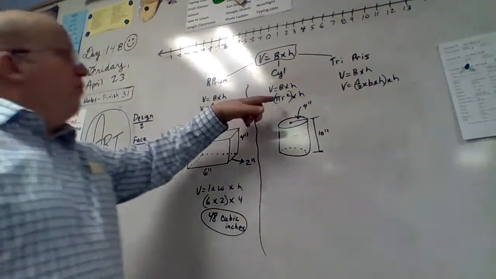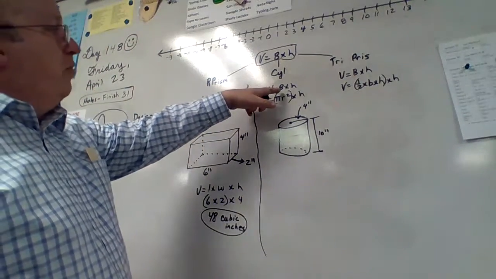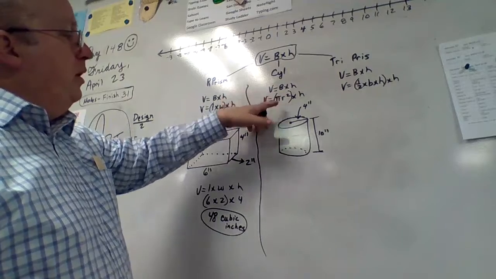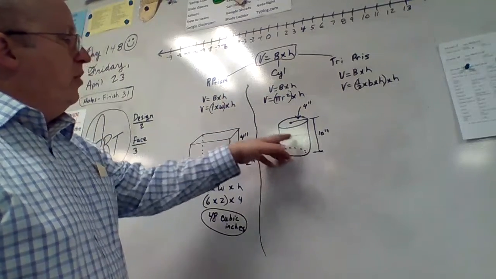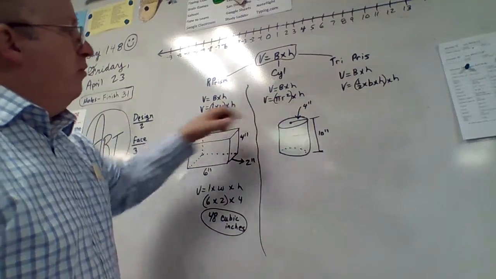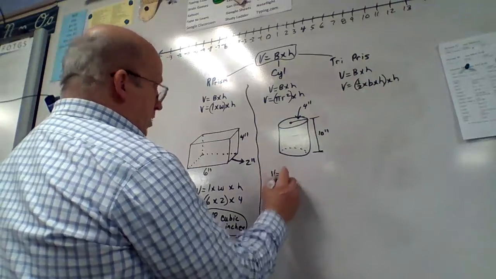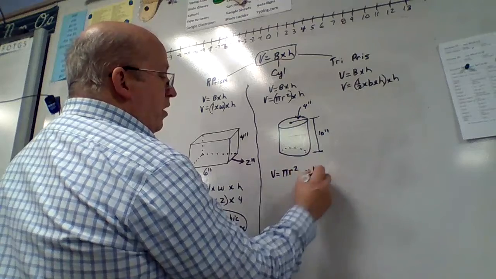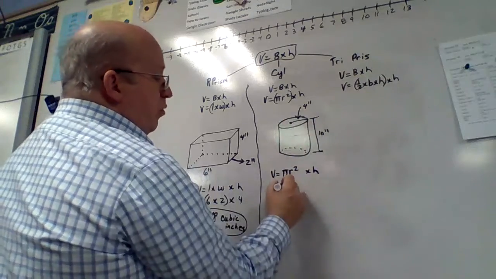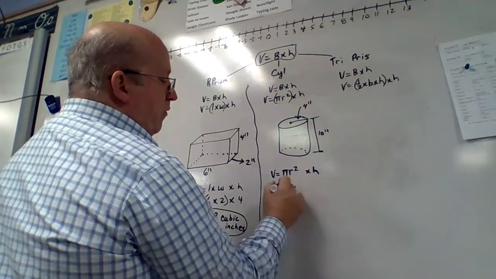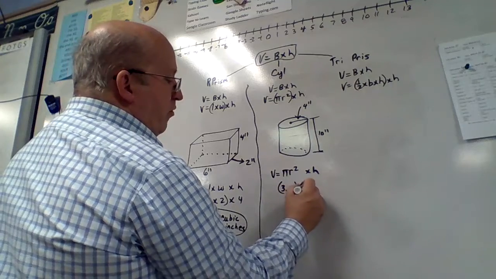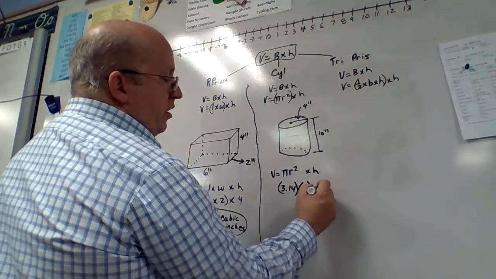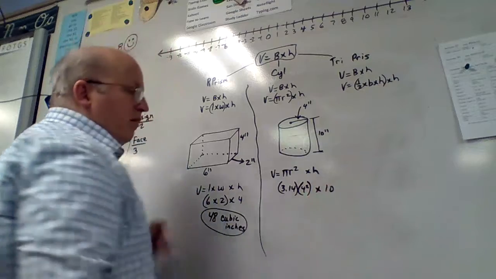Well, let's use the formula. Volume equals capital B times H. Capital B is the area of this circle down here. Area is pi r squared, so that would be volume equals pi r squared times the height, and our radius is 4, so we would be 3.14 times 4 squared, which would be 16, times the height of 10, right?